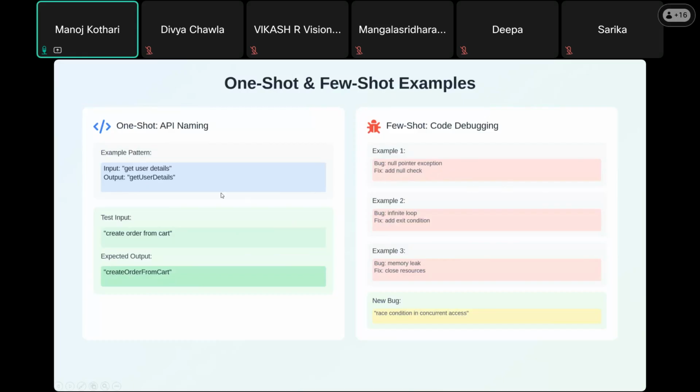So what this instruction will do is it will actually fix this null check because you are getting the bug as null pointer exception. So that way you are writing concrete and short and specific prompts.